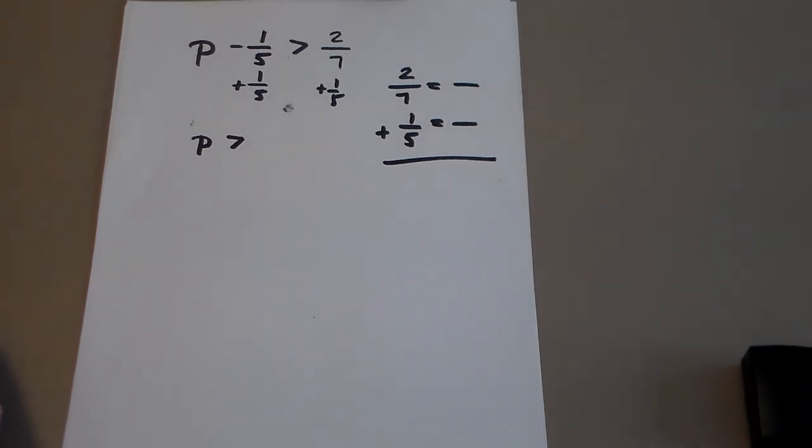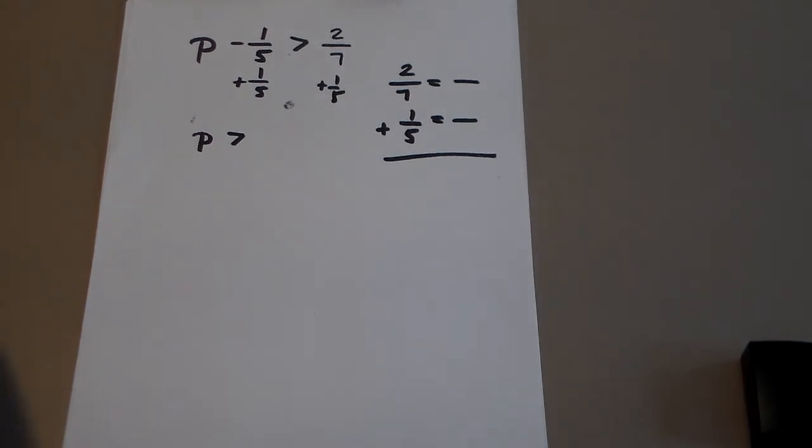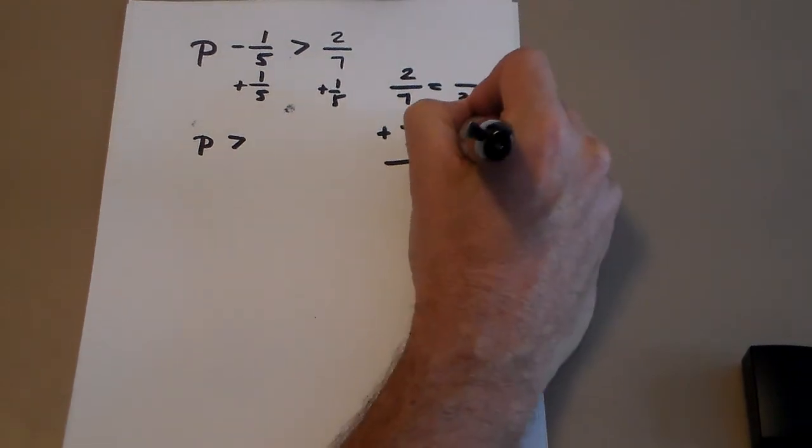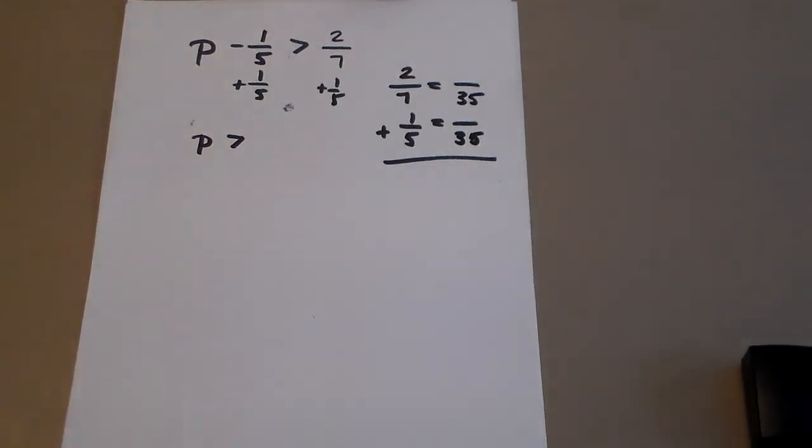It doesn't work that way. So I need a common denominator for 7 and for 5. I want the smallest number that 5 and 7 go into evenly. In this case, it's going to be 5 times 7. So this is going to be 35, and this is going to be 35.